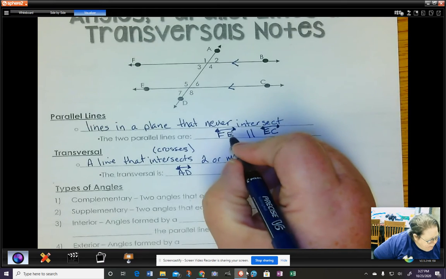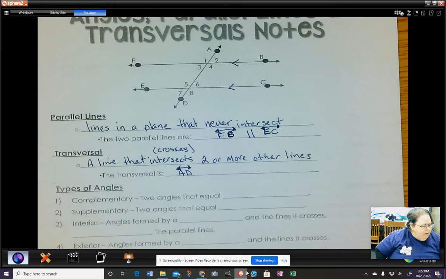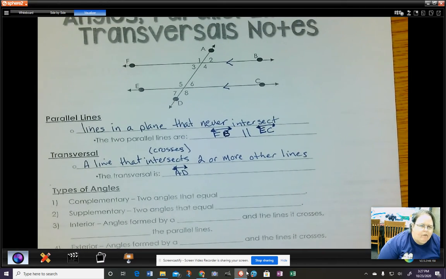I wrote this wrong, FB. FB intersects EC. It's parallel, sorry. I'm messing things up. I'll do that often. Y'all know that.